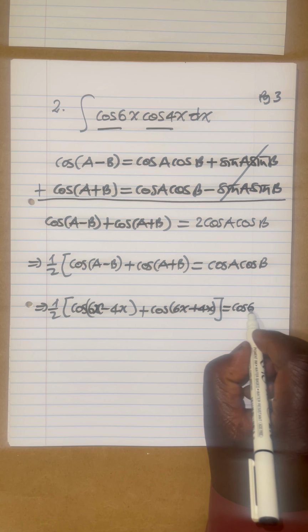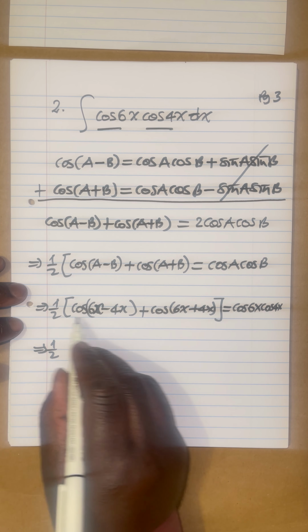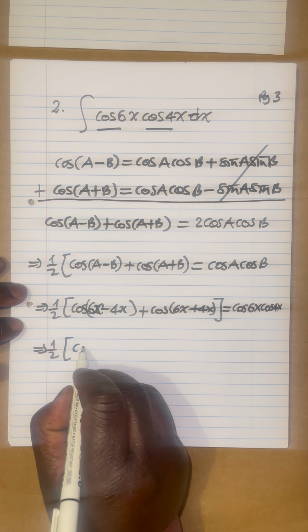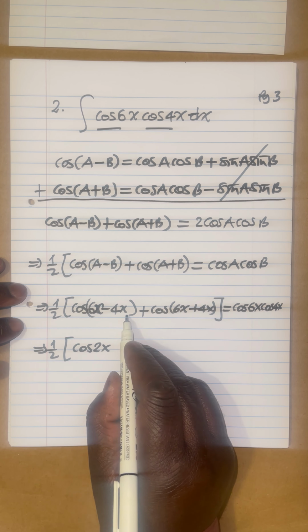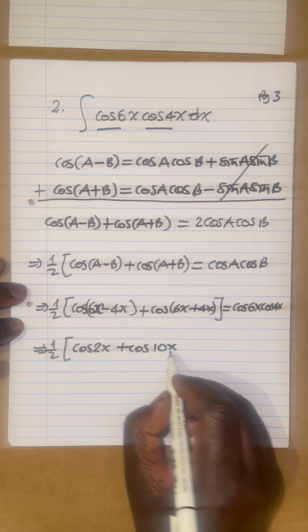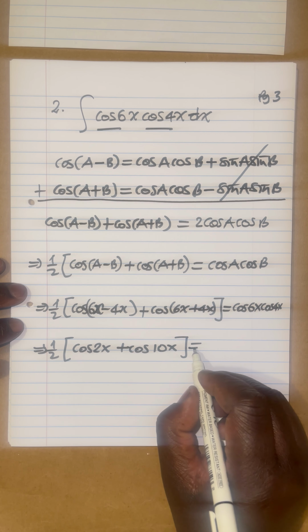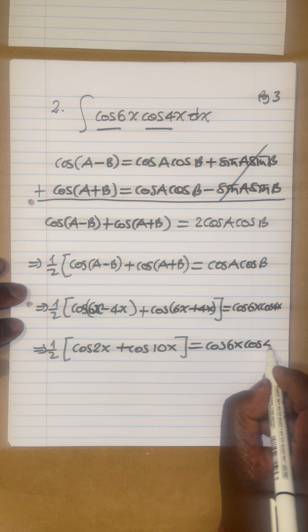And simplifying the left hand side, moving forward, we have 1 over 2 times, simplify this part, cosine of 6x minus 4x, which is 2x, plus cosine of 10x. This expression is exactly equal to cosine of 6x cosine of 4x.